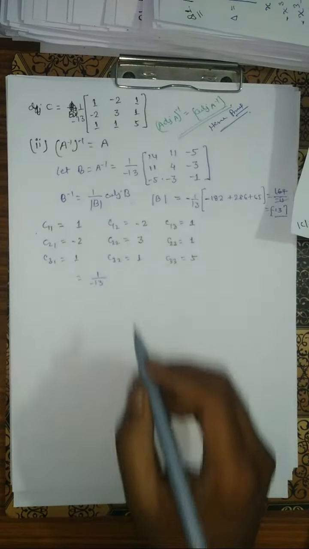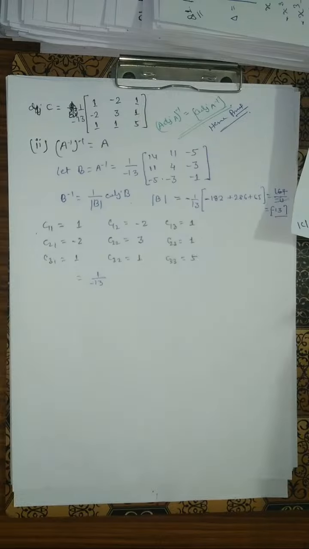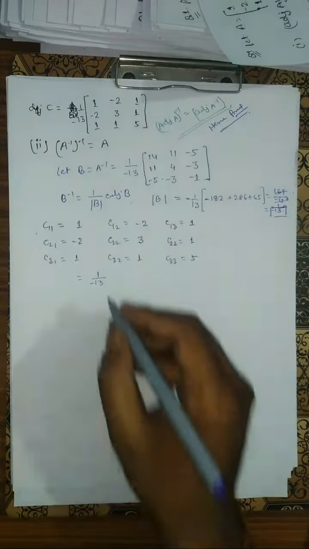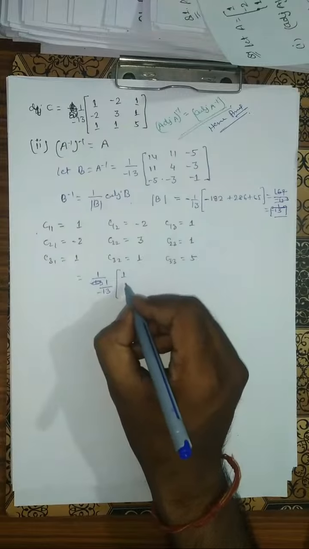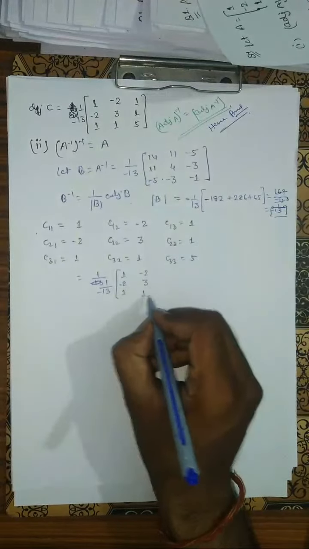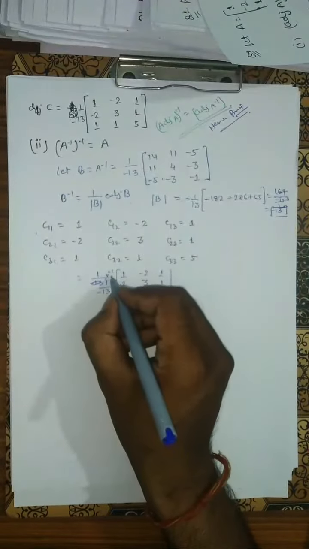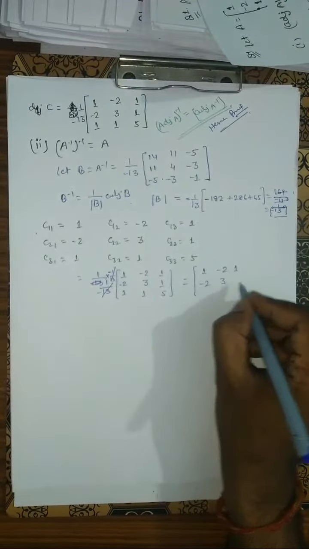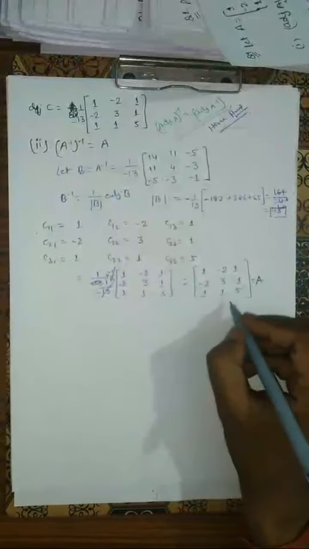ओके तो बच्चों जब आप यहां जब इसके आप डिटर्मिनेंट कैलकुलेट करेंगे तो आपकी जो डिटर्मिनेंट आएगी ये आएगी -13 का क्यूब, सो 1/-13, एंड आप फर्स्ट रो को फर्स्ट कॉलम में लिखेंगे 1 -2 एंड 1, -2 3 एंड 1, 1 1 5 into -1/13, both are cancel out, that's why बच्चों 1 -2 and 1, -2 3 and 1, 1 1 5 equal to A, hence proved.